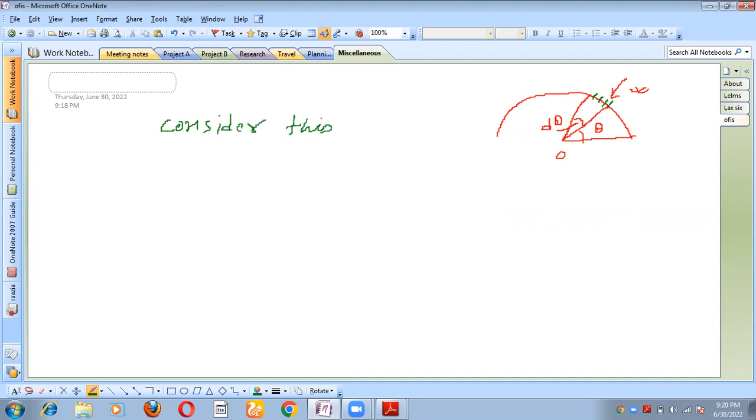Suppose we give the name AB. Consider this element AB as a point charge. We can assume the element as a point charge because the element is very small.